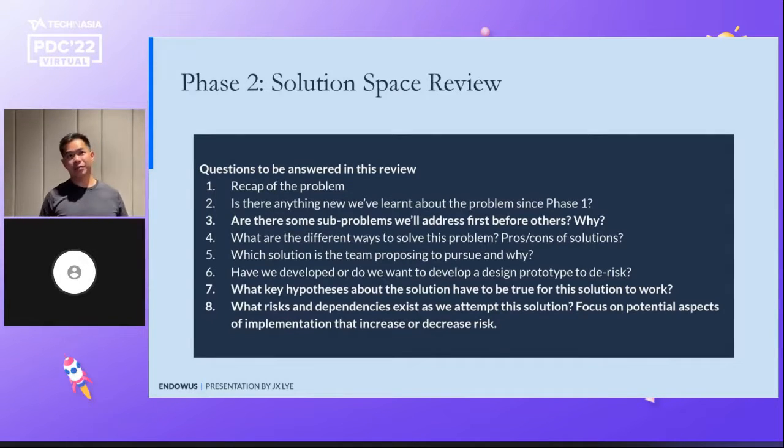The reason is that before we go deep into a solution, as PMs, we know that once we find a solution, the solution description is just like the tip of the iceberg. There are all of these things that we need to go into detail to research and figure out. And before we go down that train, we just want to get a sense, are there any dependencies such that this is a great solution, but because it's so dependent on so many other things, by the time everything is done, it will take 6 months, it's not worth it. So that's a great thing to call out before we continue.